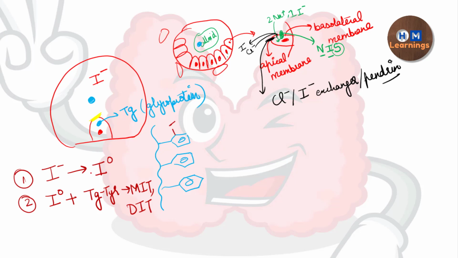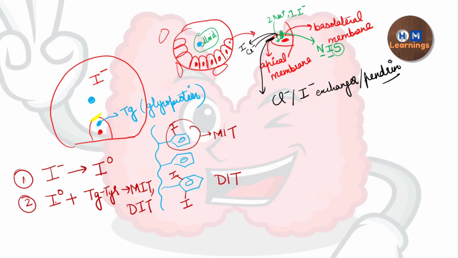After getting oxidized, this iodine will get attached to the tyrosine residues. So it forms MIT if one iodine attaches, and if two iodines attach, it forms DIT. Both of these things are called organification.